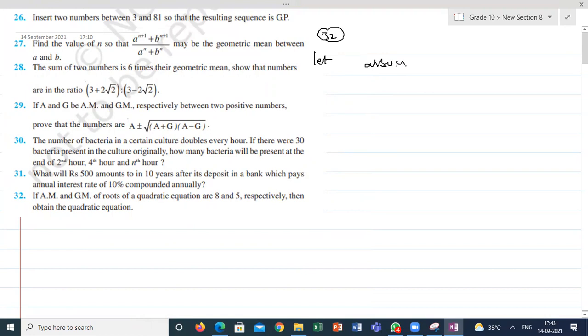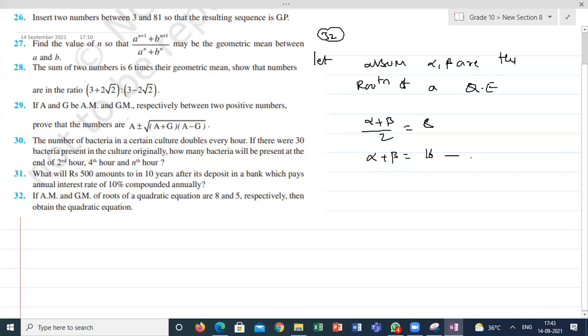Let us assume alpha, beta are the roots of a quadratic equation. The arithmetic mean: alpha plus beta by 2 is equal to 8. So alpha plus beta is equal to 16, first equation. Root of alpha into beta is equal to 5. So alpha into beta is equal to 25. This is my second equation.